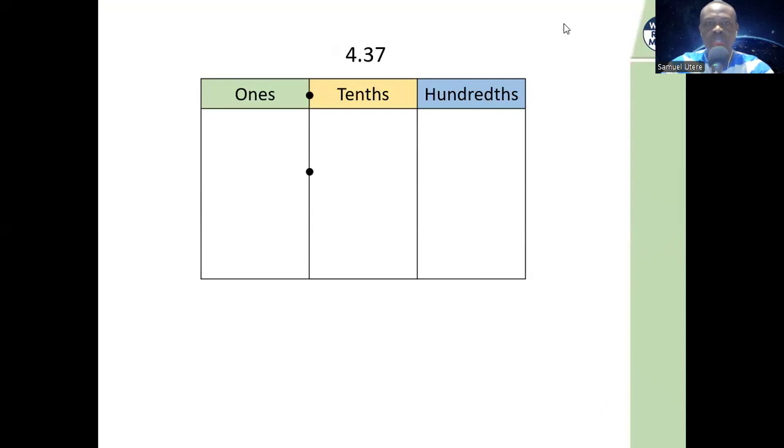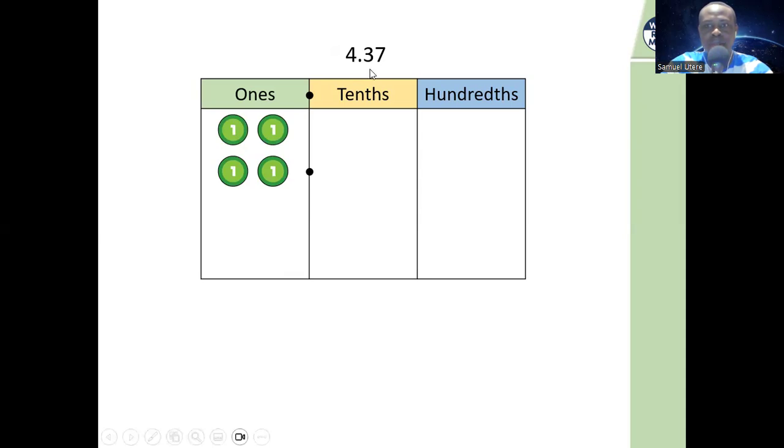How would we represent this number in the place value chart? You can see here that we have 4 ones, so we can use 4 counters. Here we have 3 tenths. Immediately after the decimal, you have 3 tenths. Those 3 tenths, we can represent with 3 counters, and each counter can be written as 0.1.